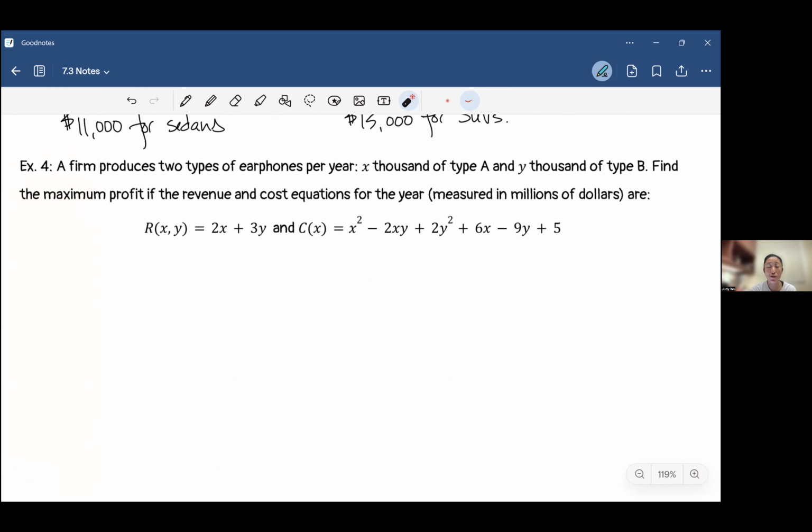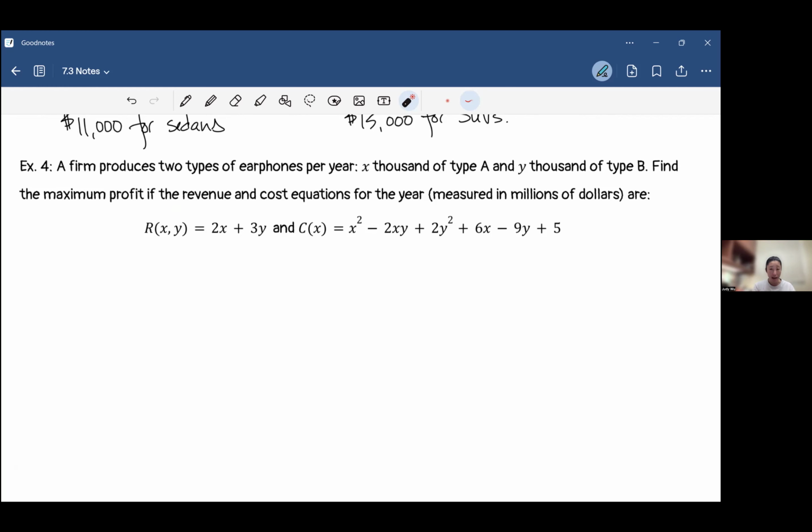A firm produces 2 types of earphones per year, x thousand of type A and y thousand of type B. Maybe in today's world, x might be the earbud types, and y might be the noise-canceling over-the-ear kinds.